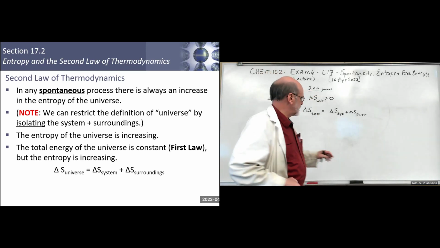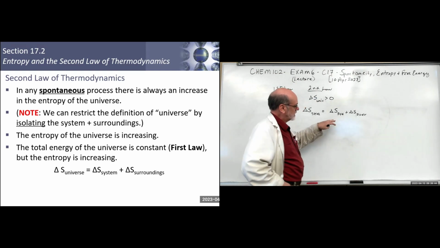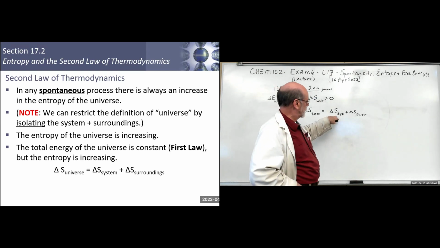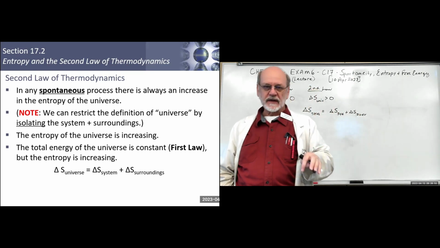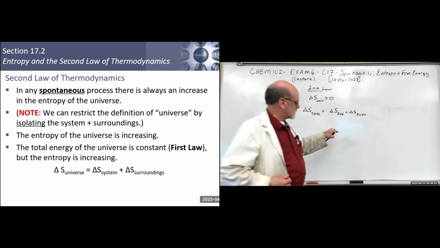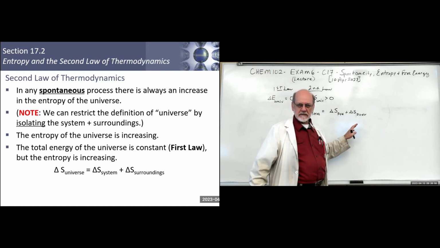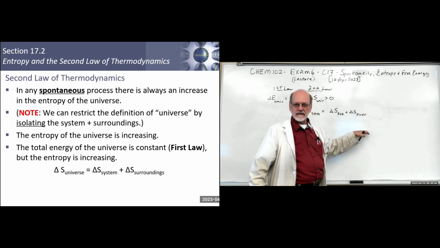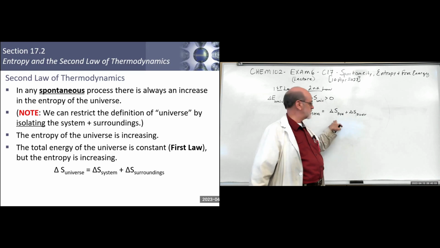We can assess the change in entropy for our system and surroundings together if we have an idea of the surroundings and the system, what their entropies are. And like I showed you earlier, when we transfer heat out of our system, we're increasing the surroundings entropy and decreasing the system's.